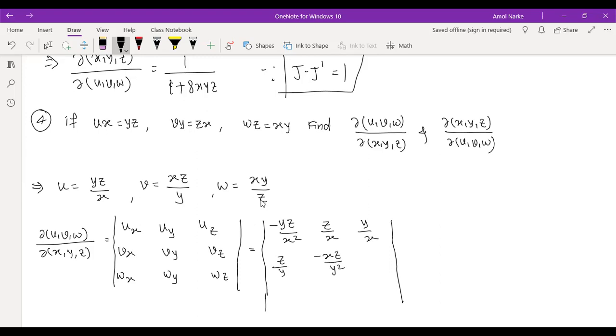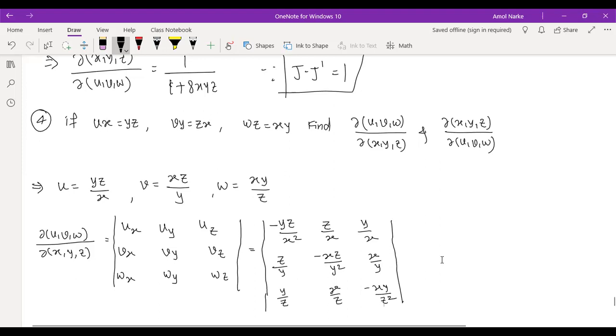And next, x divided by y. Last one, wx is y divided by z. Wy is nothing but x divided by z, and wz is nothing but minus xy divided by z square. So can we use some determinant property here?